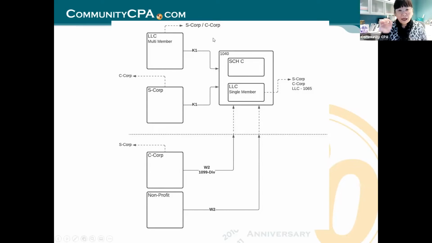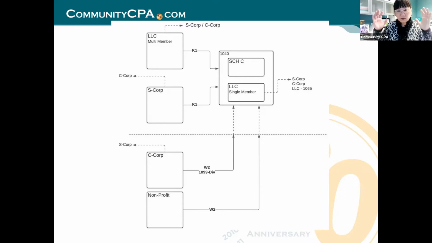So on the W-9 form, you will have to identify what they are. If they are an LLC filing a partnership return, or an individual with a Social Security number or ITIN, then you need to send a 1099. But if they are S Corp, C Corp, or nonprofit, you don't need to send a 1099.